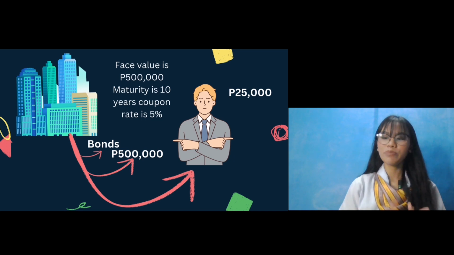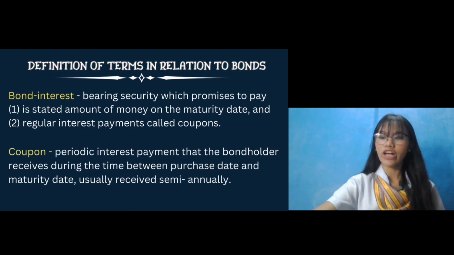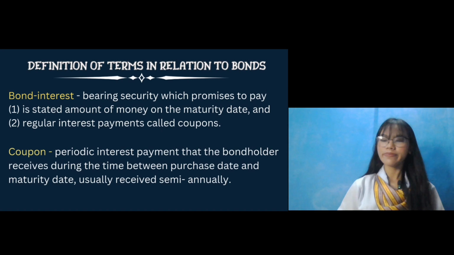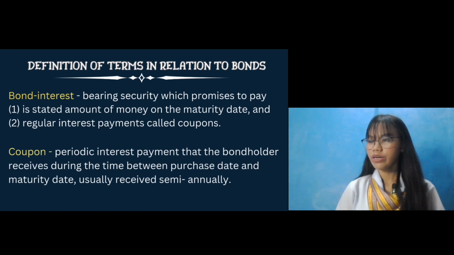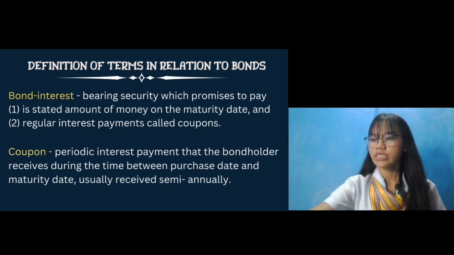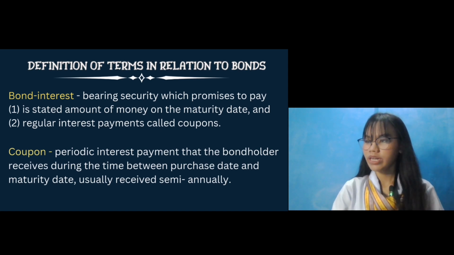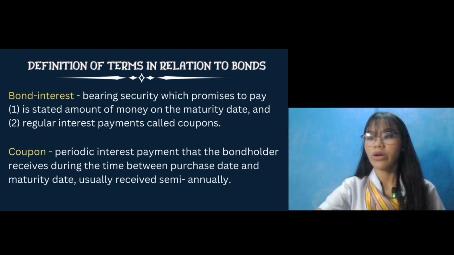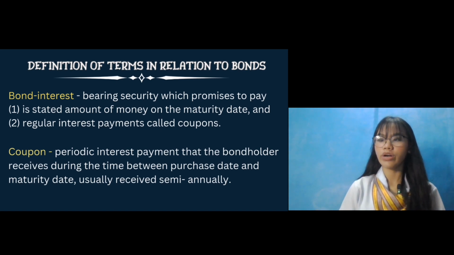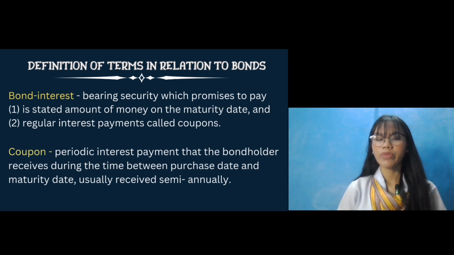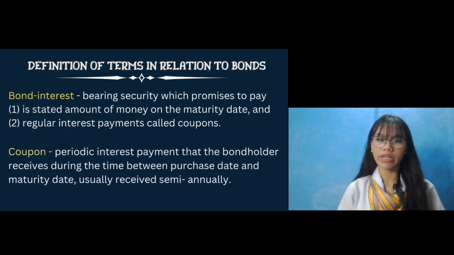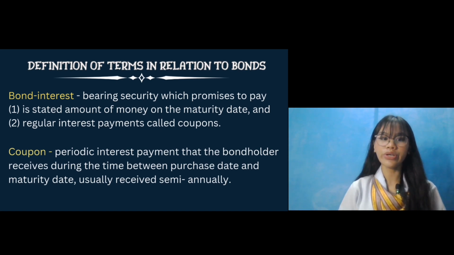Okay, now let's proceed to our definition of terms in relation to bonds. First, bond interest. A bond is an interest-bearing security which promises to pay you. As I stated a while ago, this is your money that you lent to the company, and it is secured that they will pay you back when the maturity date comes.